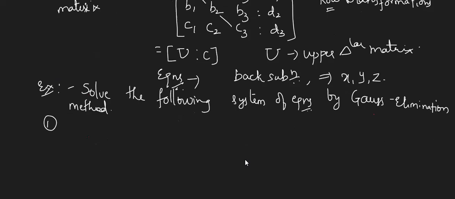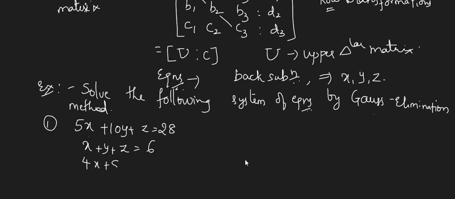First, they have given 5x plus 10y plus z equal to 28, then x plus y plus z equal to 6, then 4x plus 8y plus 3z equal to 29.